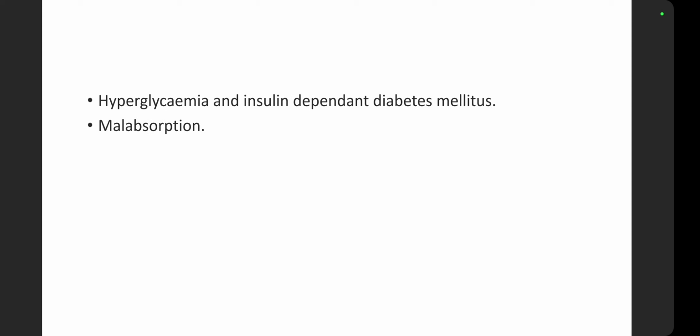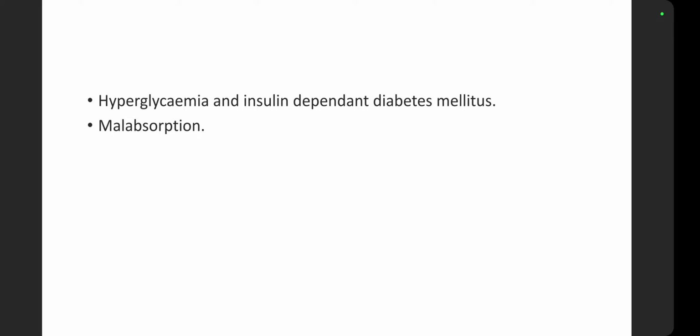So we have got hyperglycemia and insulin dependent diabetes mellitus. And we have got malabsorption. This is what we said, because there's malabsorption, because the enzymes that are responsible for absorption of these nutrients are not going to be present.